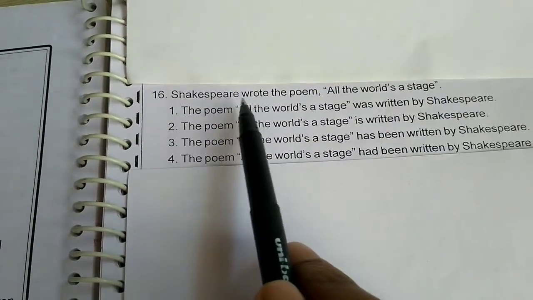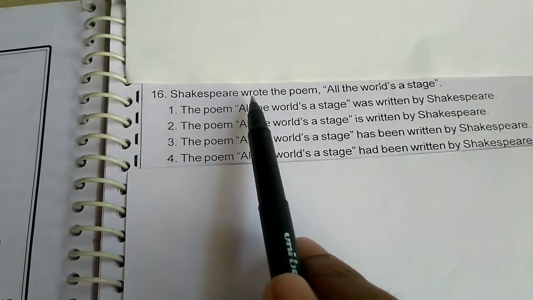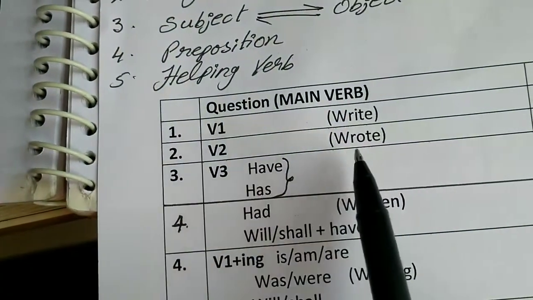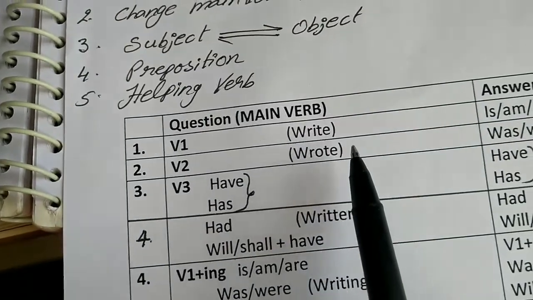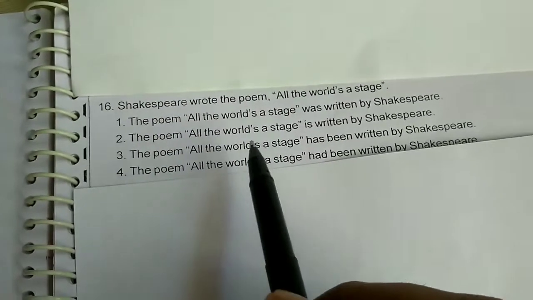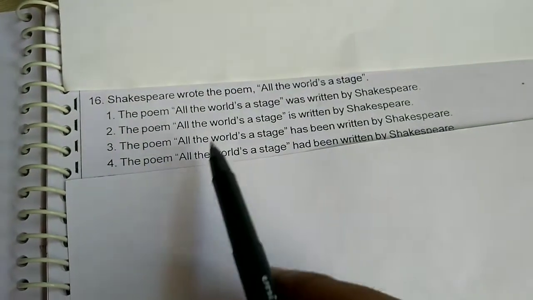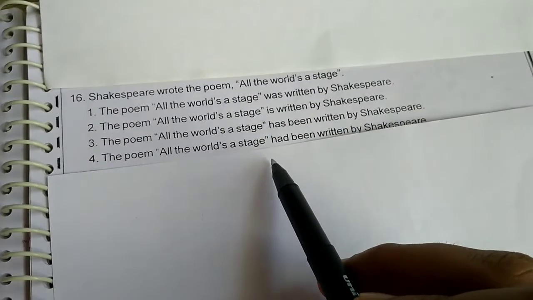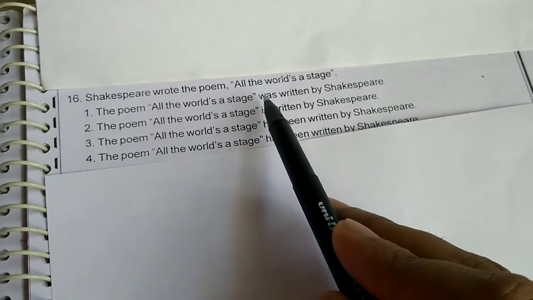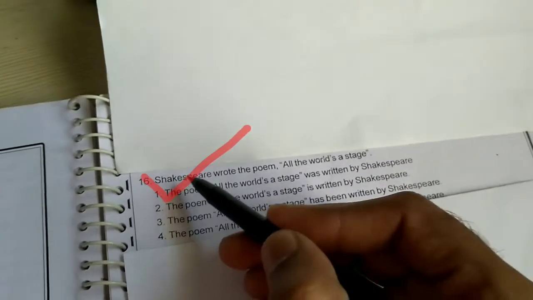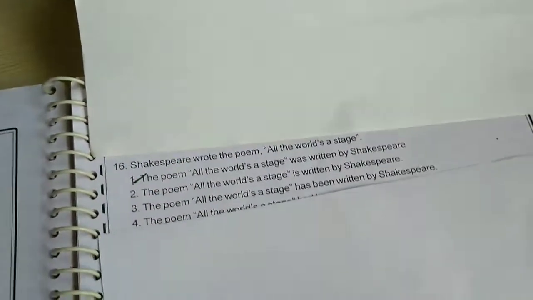Identify the main verb, wrote. According to the table, wrote is in V2 form. Definitely in the answer we will have was or were. Let us see where is was and were. The poem, everywhere, all the world's a stage, was or were. Here in the first option itself we have got was as a helping verb and it is the right answer.